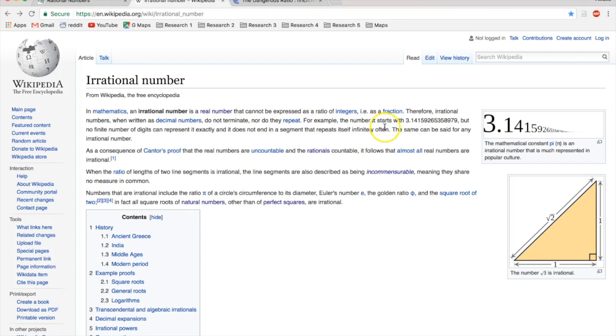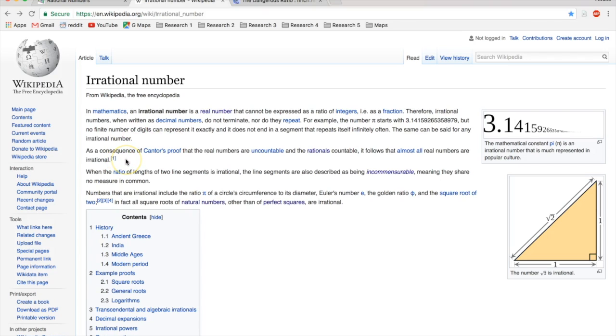For example, the number pi starts with 3.14 going off into infinity, but no finite number of digits can represent it exactly, and it does not end in a segment that repeats itself infinitely often. The same can be said for any irrational number. I'm going to repeat that. The same can be said for any irrational number.